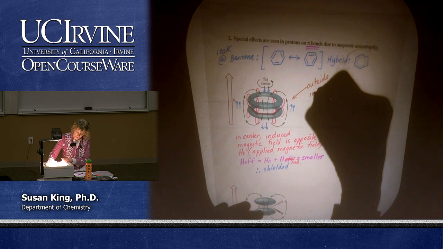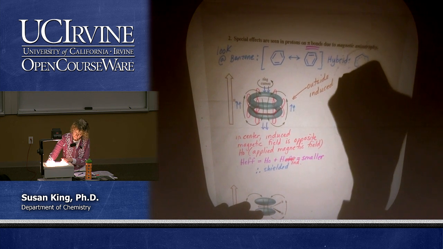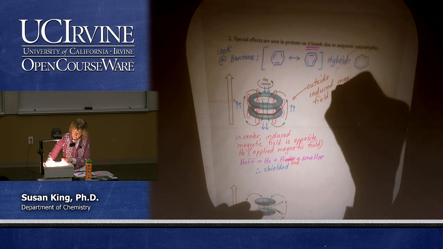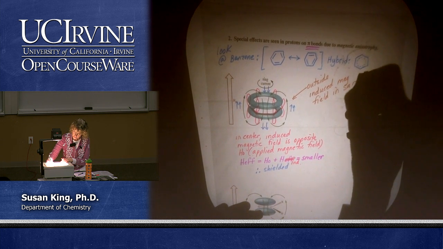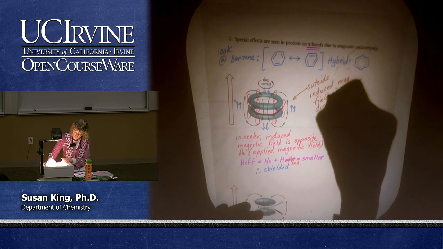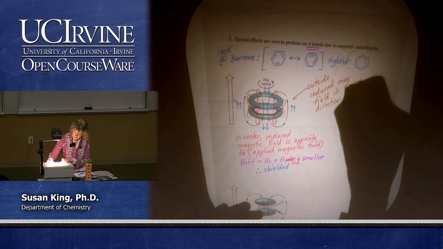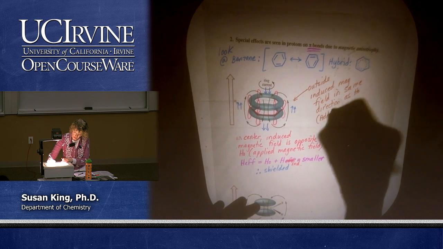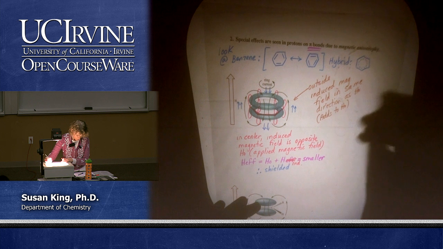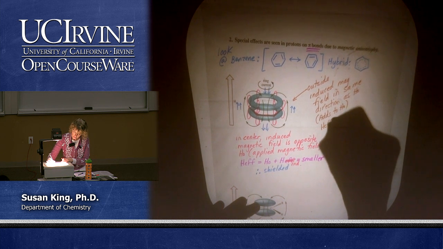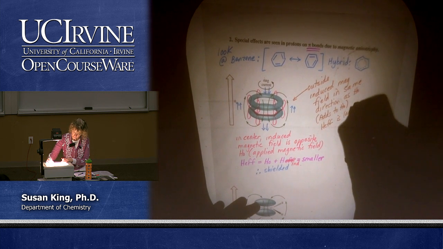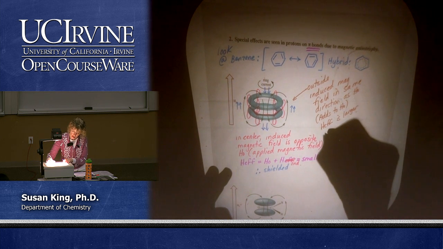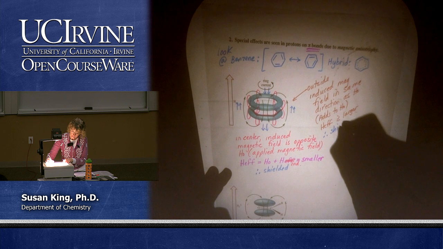Okay, outside, the induced magnetic field is in the same direction as H0. So this adds to H0, and H effective is larger. So what's going to happen is on the outside, this is de-shielded.